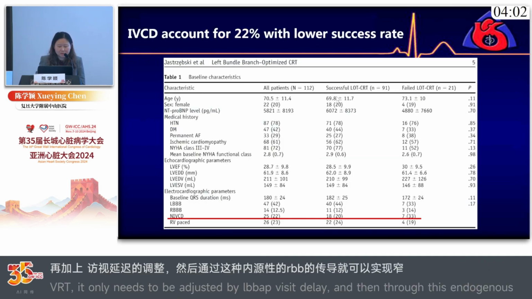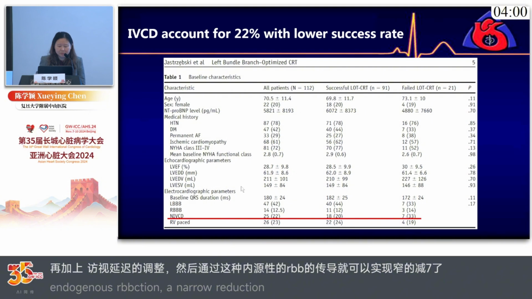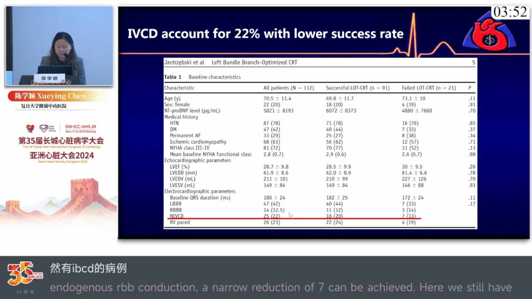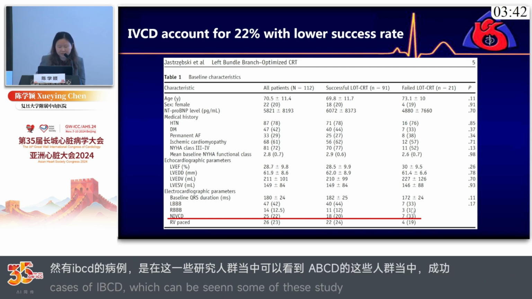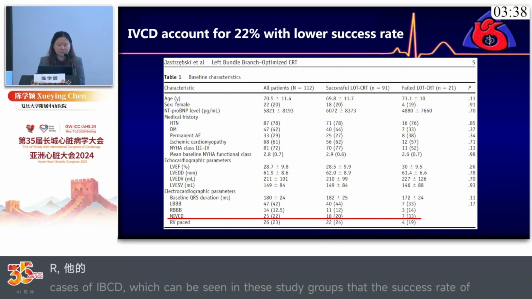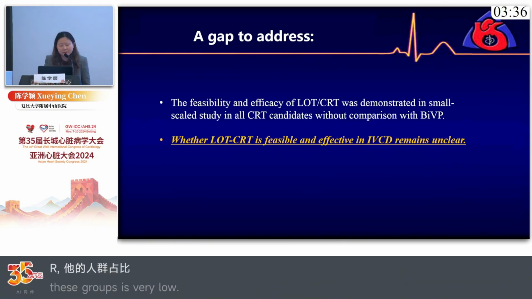And from this table, we can still see IVCD cases in this study population, and the success rate is quite low in IVCD cases, and the proportion of IVCD cases accounts for just 22% of the study population. So here comes the question.